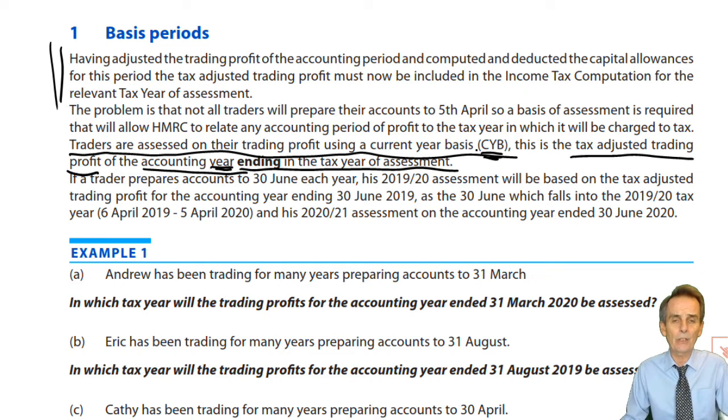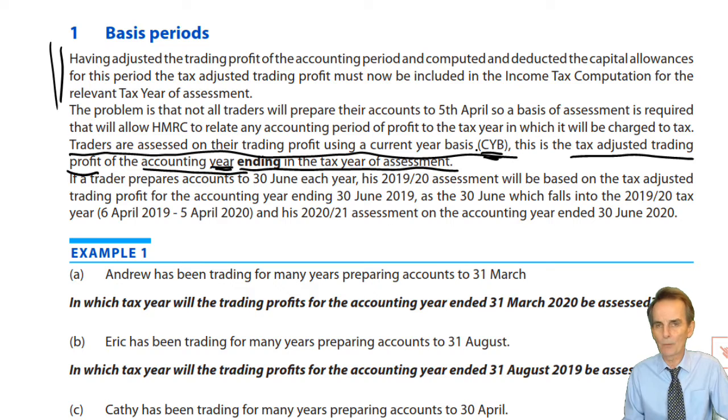What does it mean for the tax year 2019-20? Basically our tax year for which you will have to prepare an income tax computation in some small part or in total. Then for that tax year, what do we want? We want the tax adjusted trading profit of the accounting year that ends in that tax year.